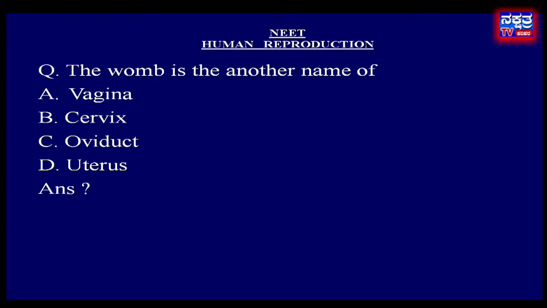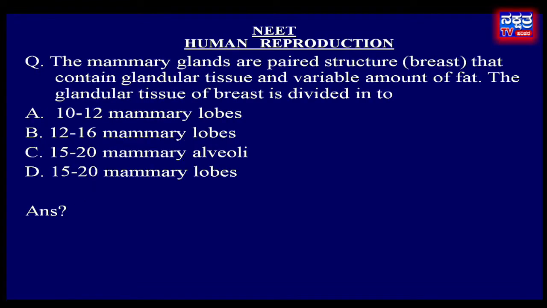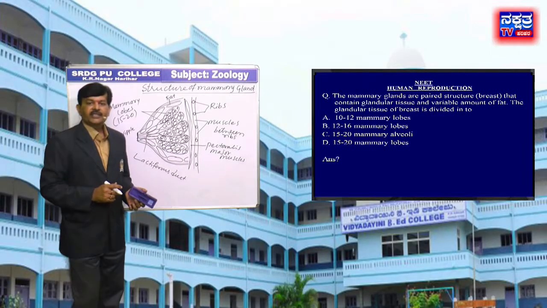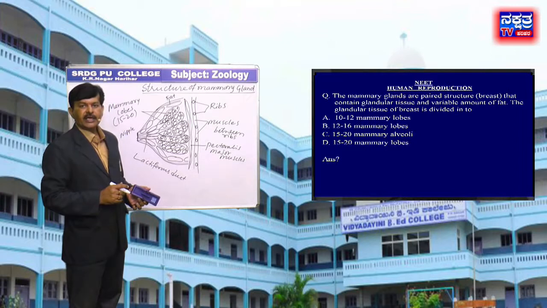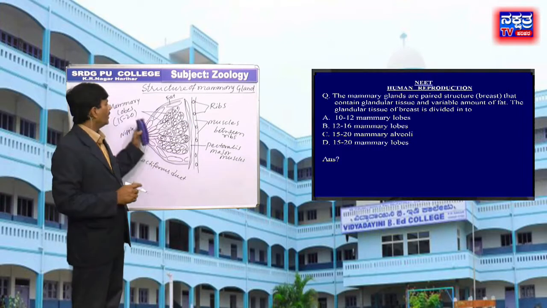Move to next question. The mammary glands are paired structures that contain glandular tissue and variable amount of fat. The glandular tissue of breast is divided into option A, 10 to 12 mammary lobes, B, 12 to 16 mammary lobes, C, 15 to 20 mammary alveoli, D, 15 to 20 mammary lobes. Watch on board. A functional mammary gland is characteristic of all female mammals.